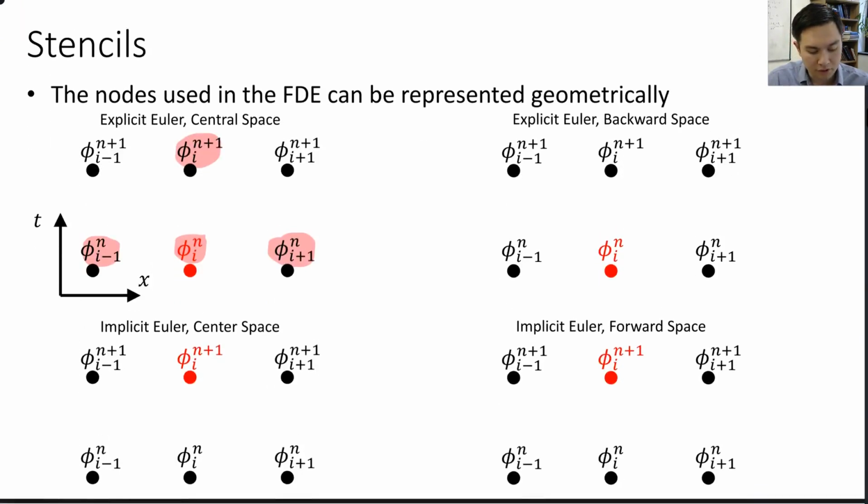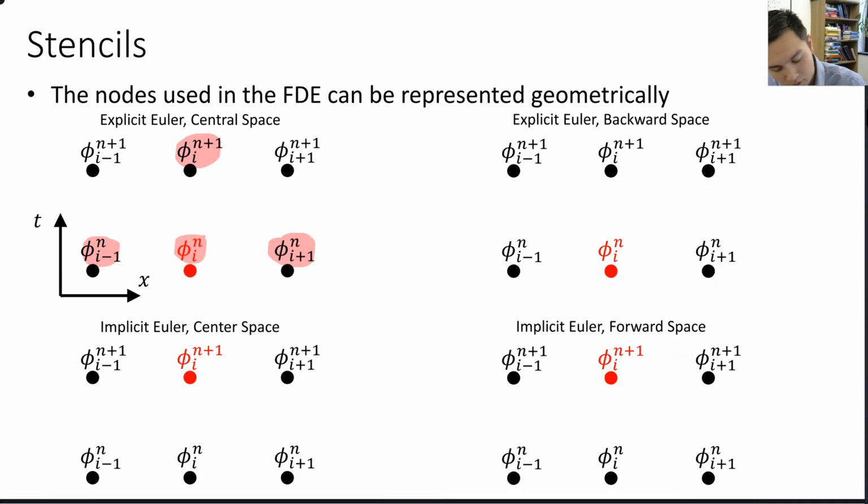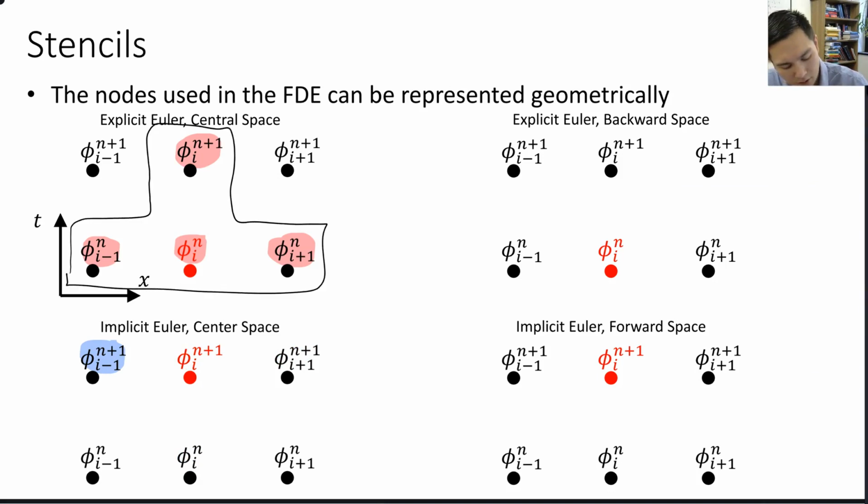For the implicit scheme, we used phi I minus 1 n plus 1, phi I n plus 1, and phi I plus 1 n plus 1, as well as phi n. And so if we were to draw the boundary of our stencil, we can see that this sort of looks like a Tetris piece here, and an inverted Tetris piece down here.